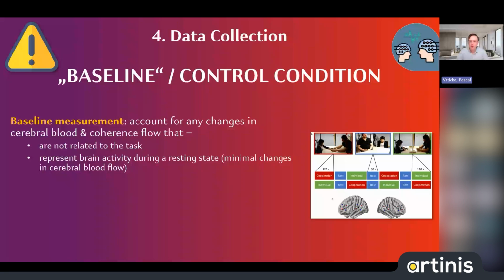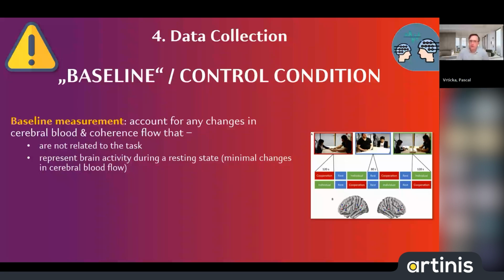So we are not really using baseline in that sense. And also, as I have already said last week, we don't exactly know what is going on during the resting conditions when participants, for example, are told to sit back, relax, and don't do anything, but they can actually do many, many things.